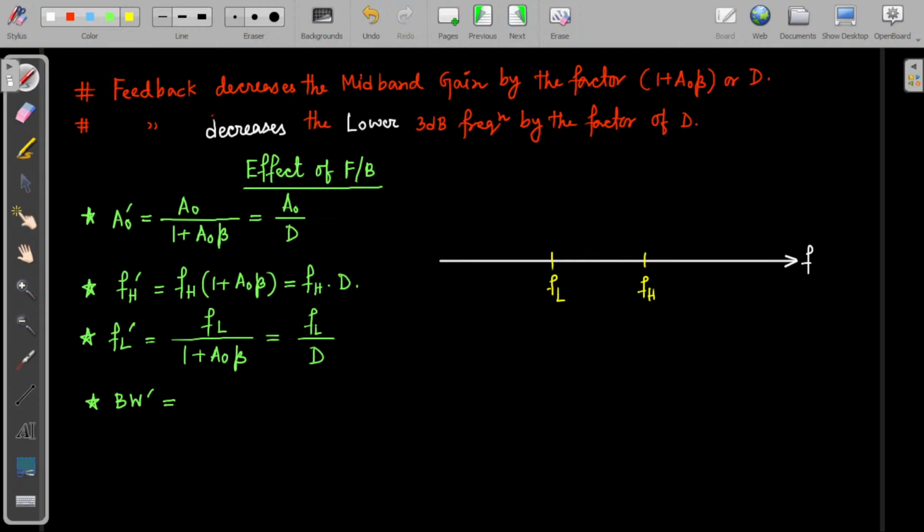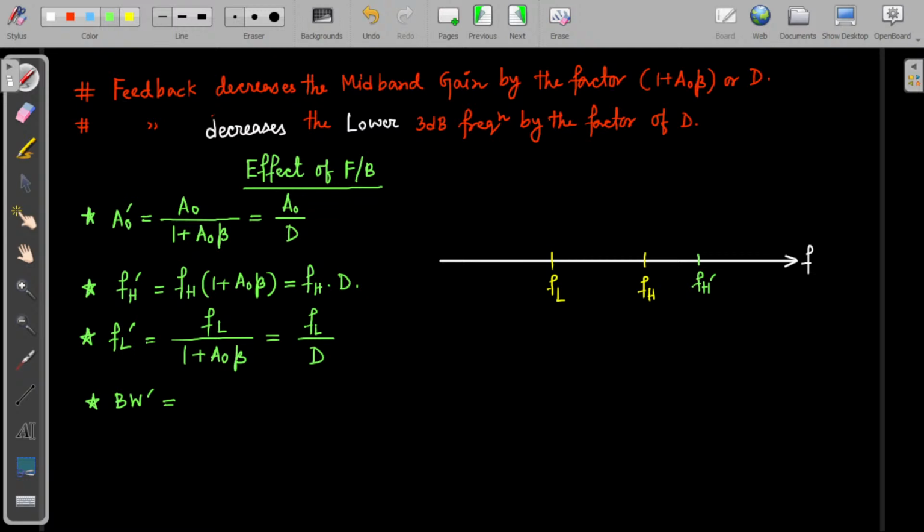The new higher 3 dB frequency FH dash will be greater than the FH because it is increased. So we will get the new higher 3 dB frequency at FH dash. It will be on the right hand side, since FH dash will be greater than FH.